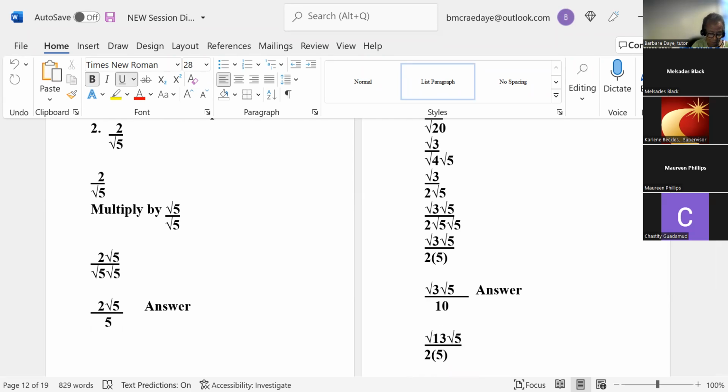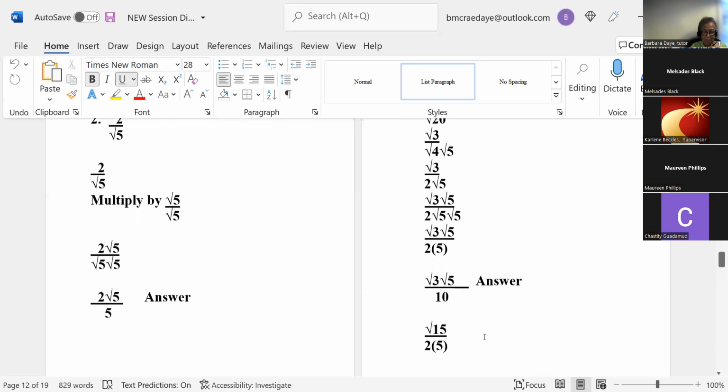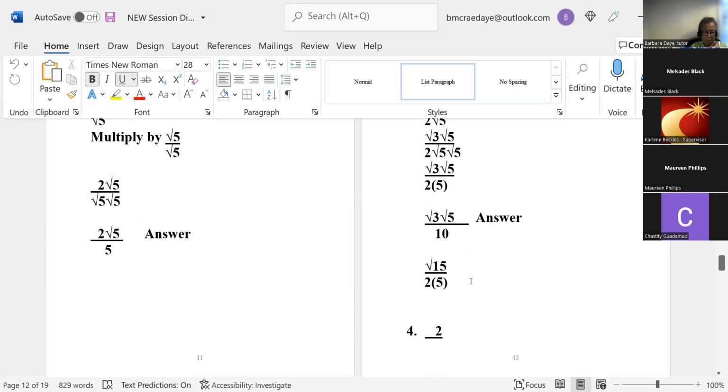Yeah, it'd be 15 because square root of 15 can be broken down into 2 radicals, square root of 3 times square root of 5. If this were multiple choice, that might be one of your answers, square root of 15 over 10. That's also a way of expressing the answer, and that's the same, right?